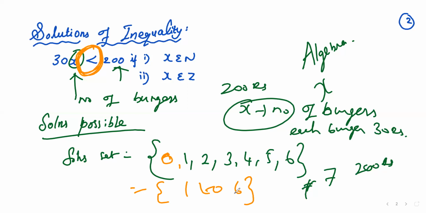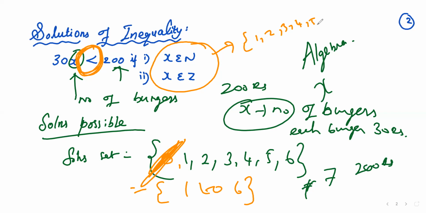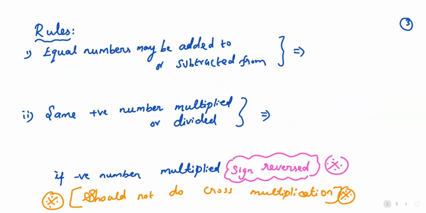Understand? Okay, here they are telling x belongs to natural numbers. Now, if x belongs to natural numbers, the solution set becomes 1, 2, 3, 4, 5, 6. Right? 0 won't come because it belongs to whole numbers. If your x belongs to integers, what we have to do for that?